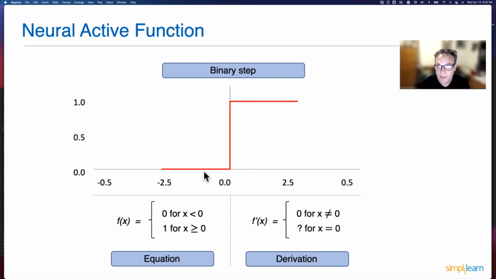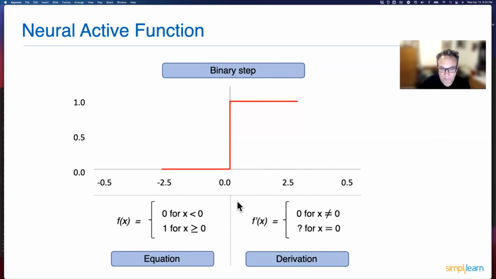If we don't have enough input, if we add up all of our weighted sum inputs and we have not enough, we have a 0 coming on the output. The neuron is not activated. And this is just the way you would write that mathematically. F of x equals 0 for anything where our input x is less than 0, and 1 for anything where we have enough input. And this is the binary step activation function.